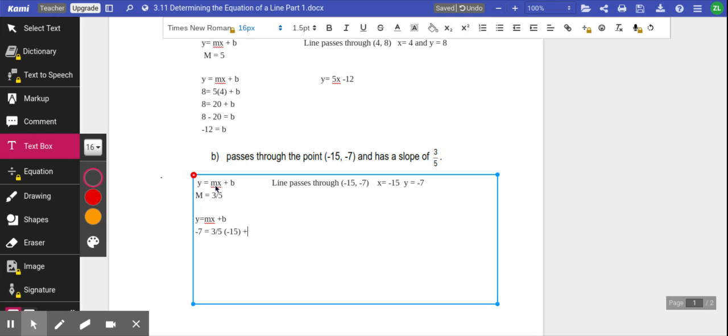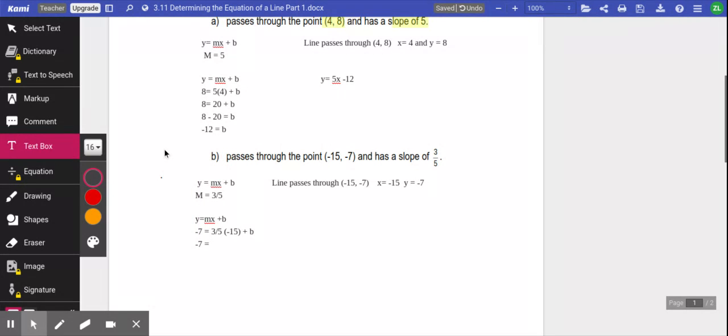Okay, plus b. So in this point here, we actually have to multiply fractions. So we're going to multiply the top and the bottom. So if you can imagine, I'm going to draw this out on the side here just to make it easier for you guys.